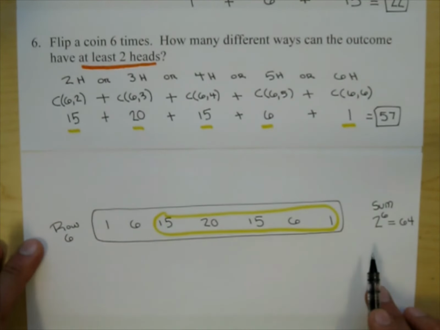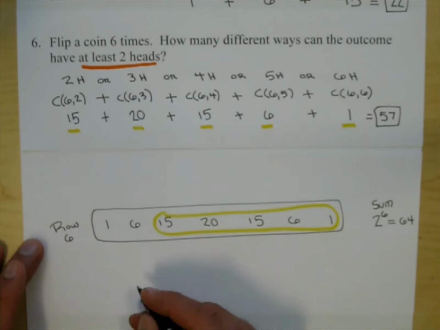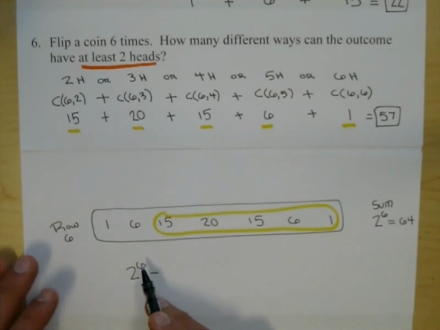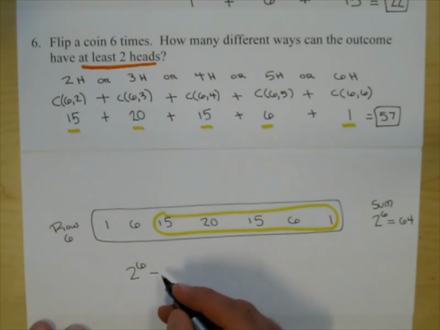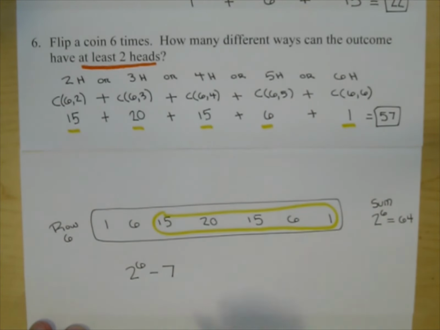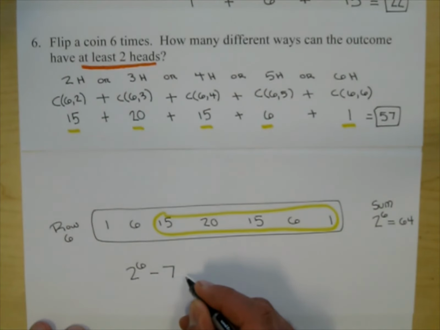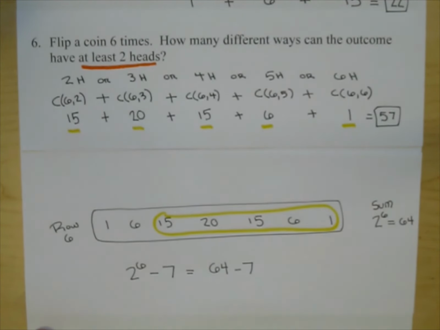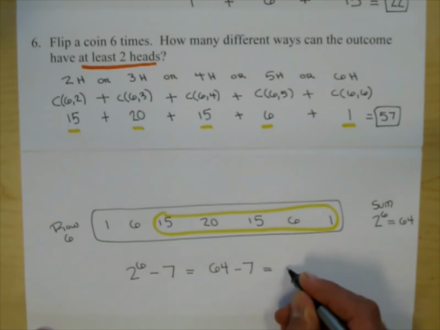So some statistics teachers would say, well, why don't we just go 2 to the 6th minus the things that we're not supposed to add up, minus 7. And so 2 to the 6th we said was 64, minus 7. And that gives us 57.